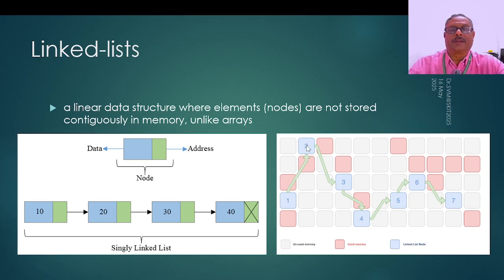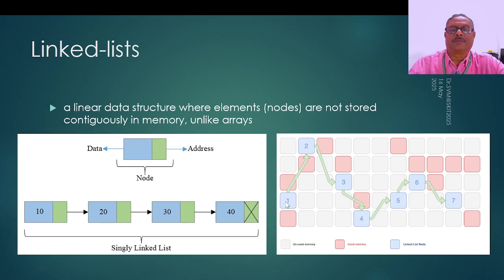In the address field of the second node, we write where the third node is situated, and so on. The first location is what we usually call the head, with element value 1, then the second location has value 2, the third has value 3, and so on up to the seventh, and there is no further arrow. That means the address of the next node is null here, so that ends.